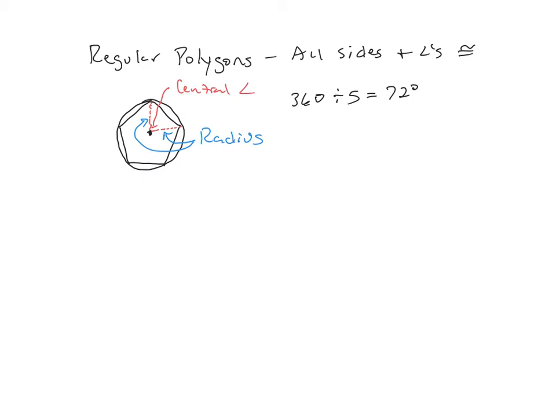So a radius, because we can draw a circle around a regular polygon, is from the center to one of the vertices of the polygon. So each corner of the polygon, from the center to that vertex, is a radius.